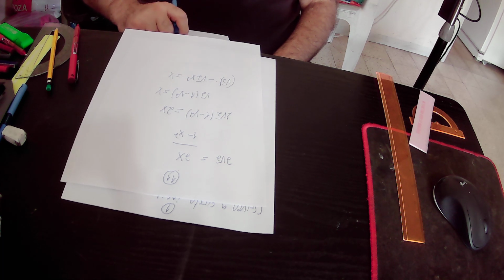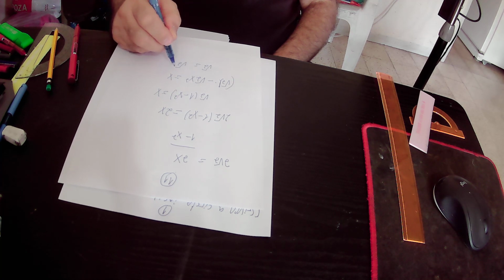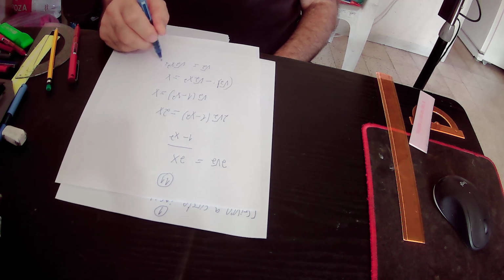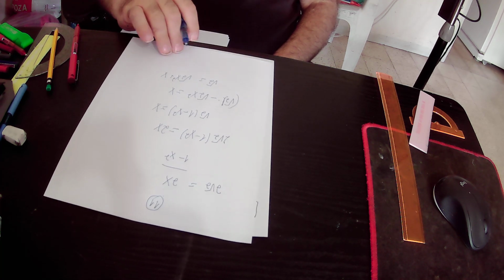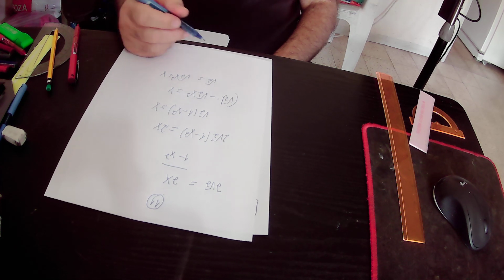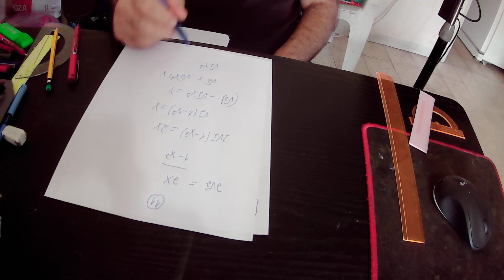So here we will add to this equality root 2 x squared, and we will get that root 2 equals root 2 x squared plus x. Here we will subtract root 2 from this equality, and we will get that root 2 x squared plus x minus root 2 equals 0.